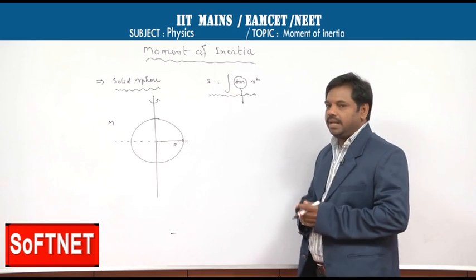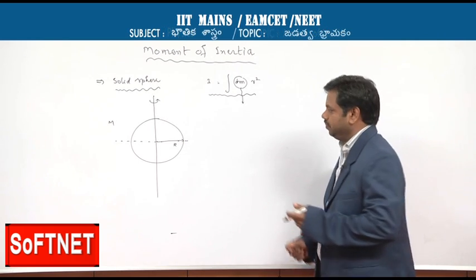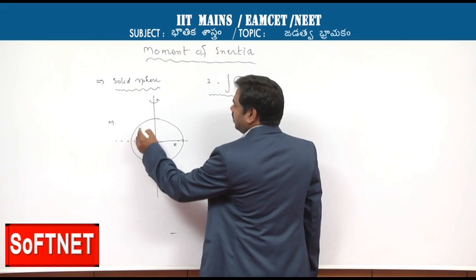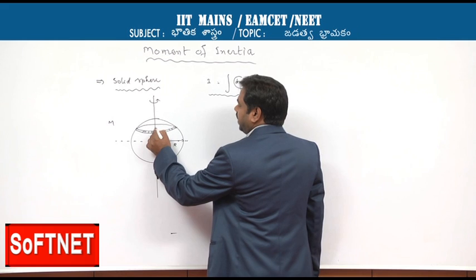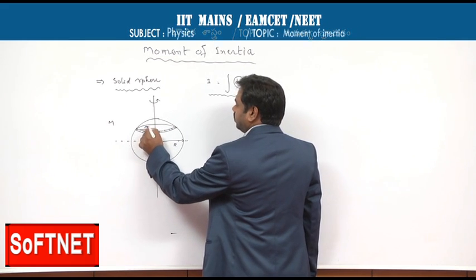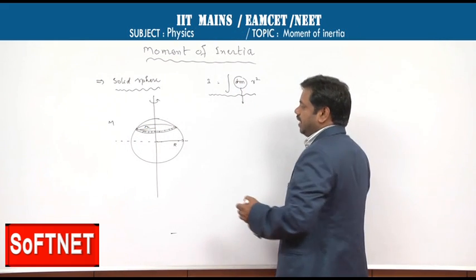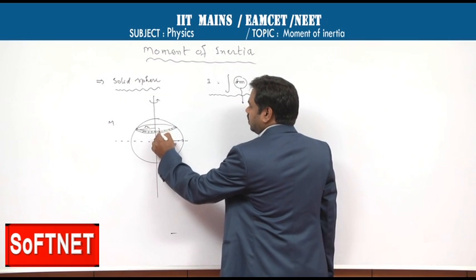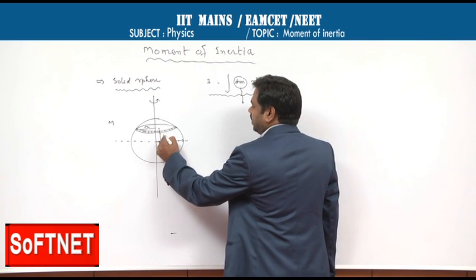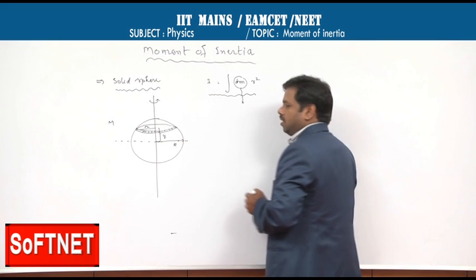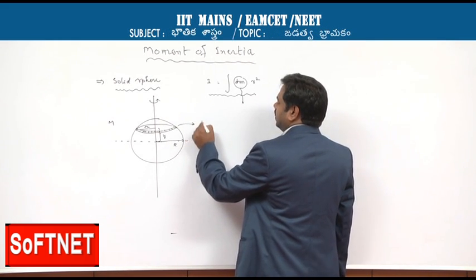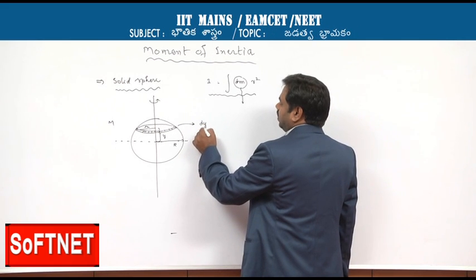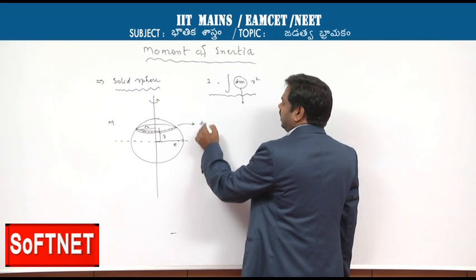So what kind of element are we going to choose here? Consider a disk of radius small r at a distance y from the center, and the thickness of the disk we take as dy.